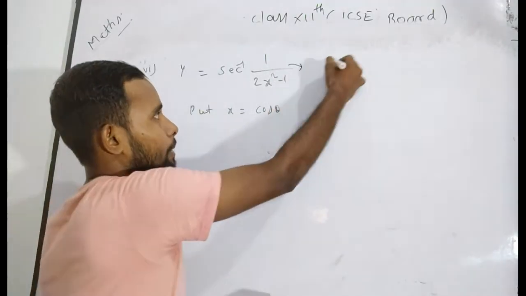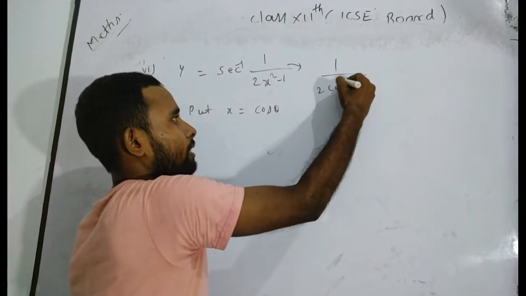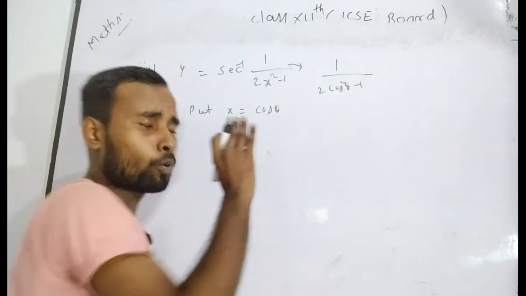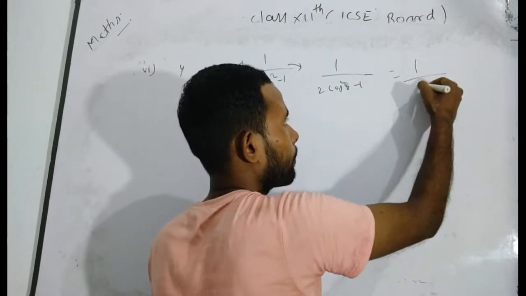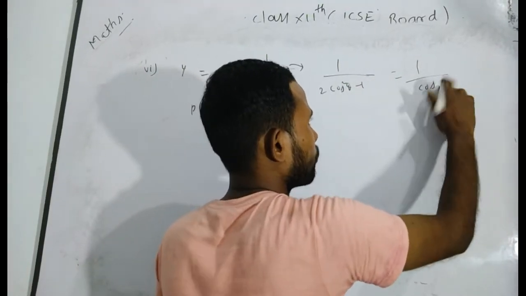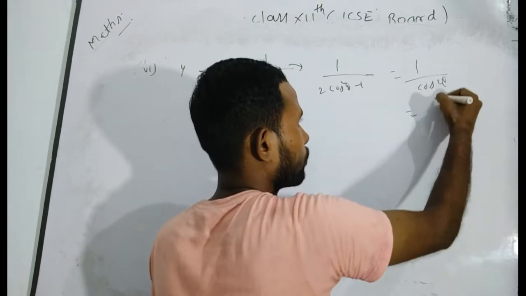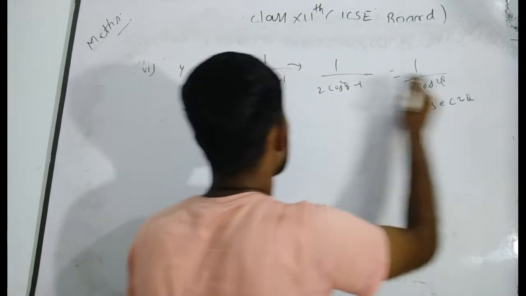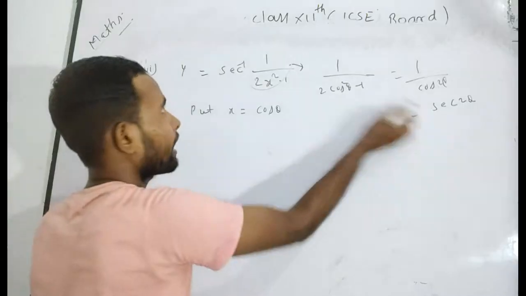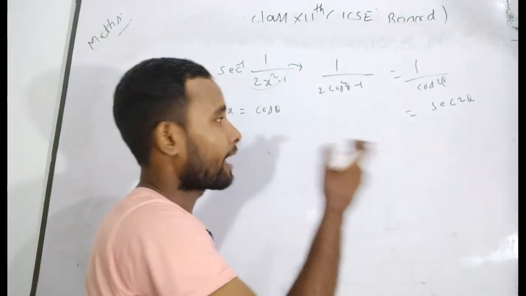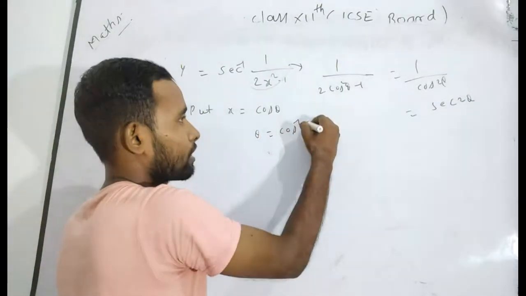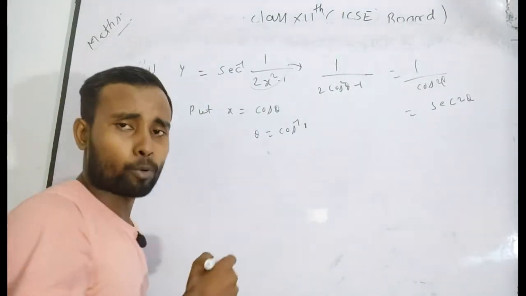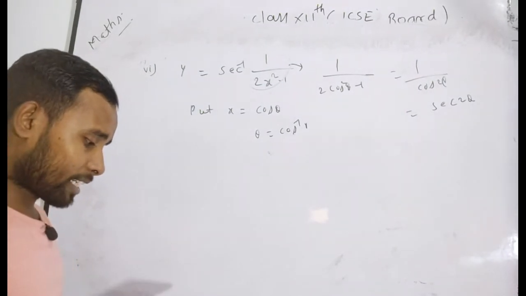In that case, it will be 1 upon 2 cos square theta minus 1. I will only give you a hint. 2 cos square theta minus 1 is cos 2 theta, and 1 upon cos 2 theta is sec 2 theta. Now sec inverse sec 2 theta will be 2 theta, and theta is equal to cos inverse x. So its derivative you simply find: minus 1 upon root under 1 minus x square. This is your correct answer.